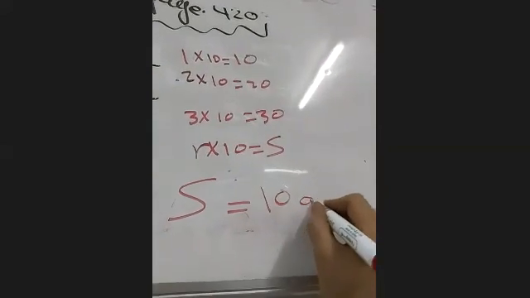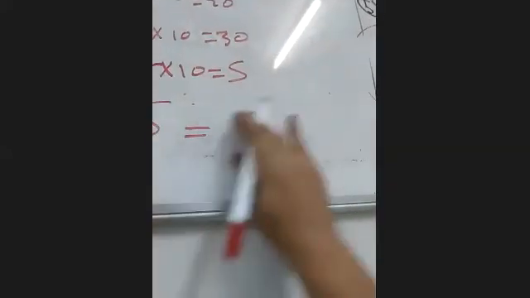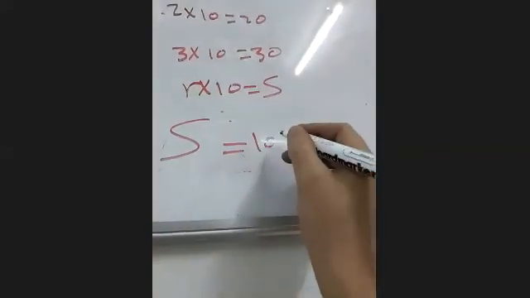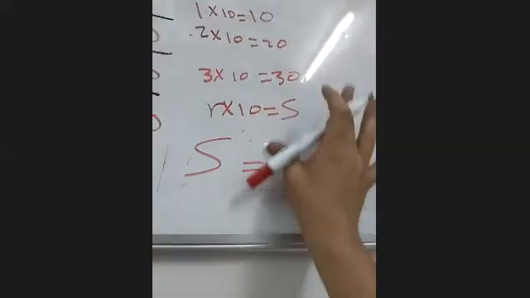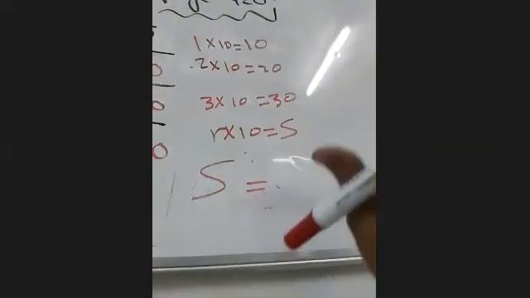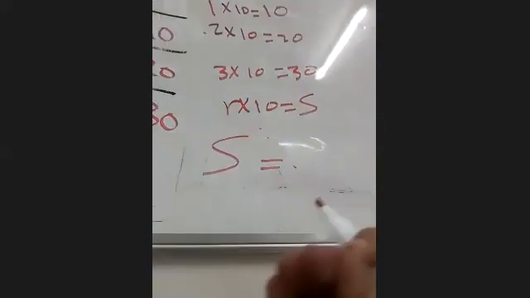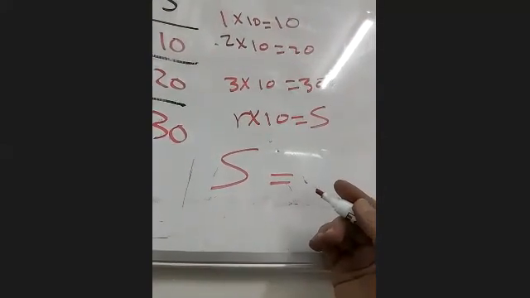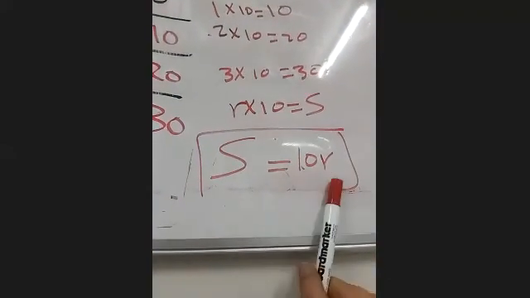Write 10 and beside it R. So what do we write? 10R. Do you understand? 10R.